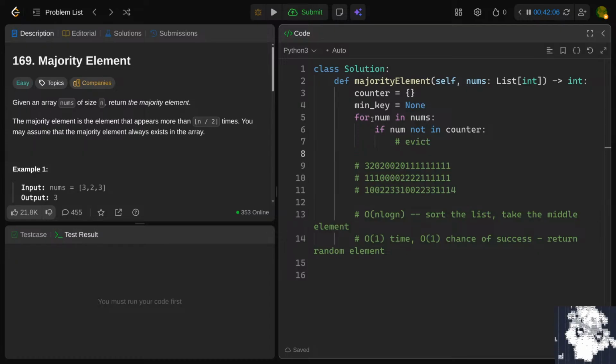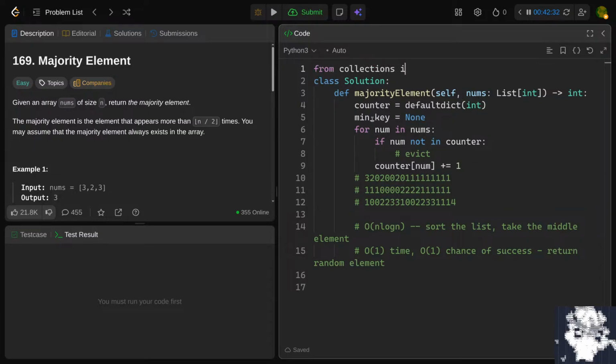Evict, here, counter at num plus equals 1. This can be a default dict. From collections import defaultdict.